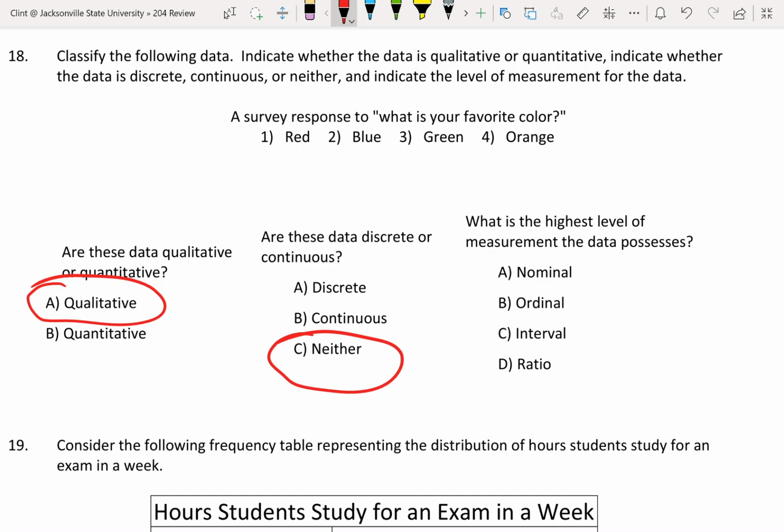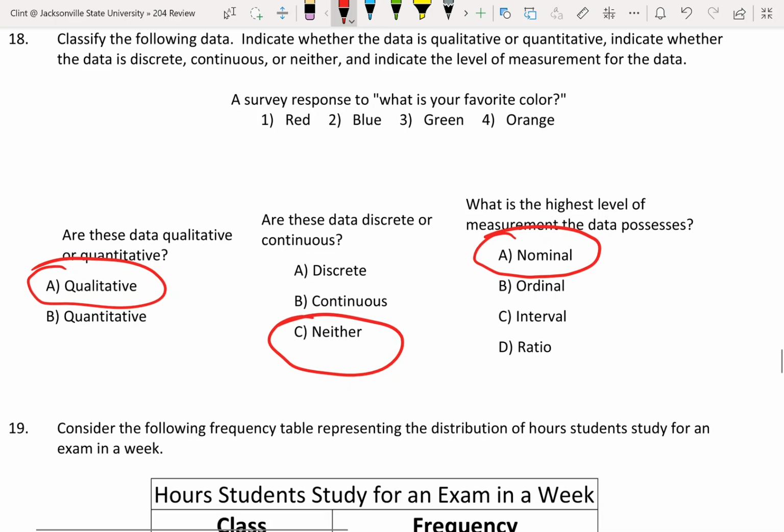No, so it's not ordinal, it's nominal. That's the difference between these two: if we have a meaningful order, it's ordinal. If we don't, it's nominal. Questions on that one? On any of the classification? Because I think that's our last one. All right, good deal.